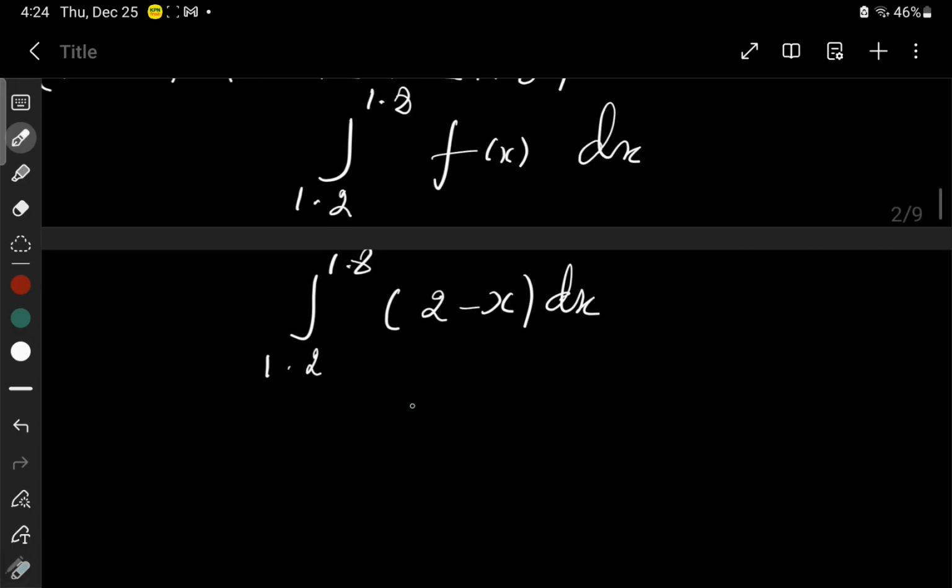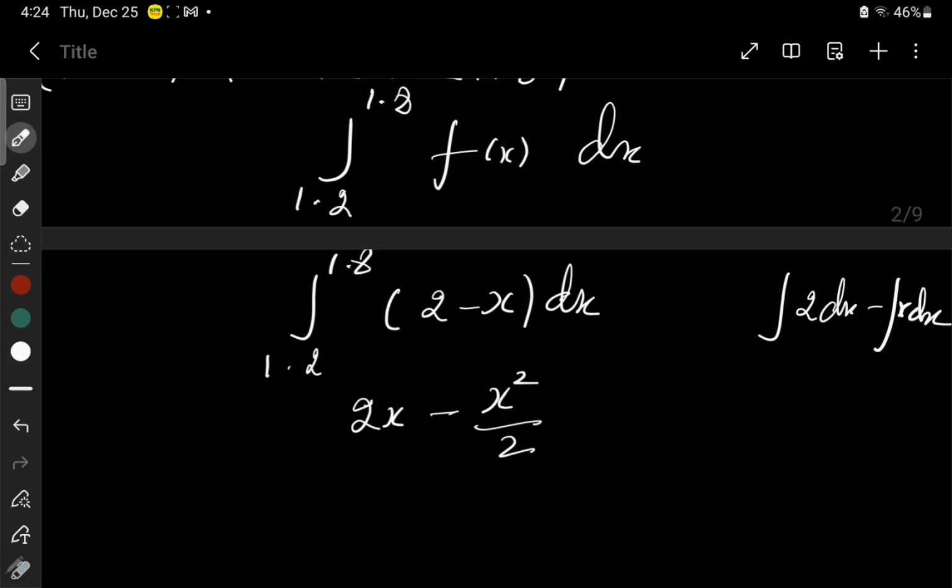So integrate this. If I integrate 2, I will write 2x. Minus x means x square by 2. So actually this integration we split into 2 dx minus x dx. 2 is constant; if you integrate dx you will get 2x minus, you add 1 to the power, x squared by 2.